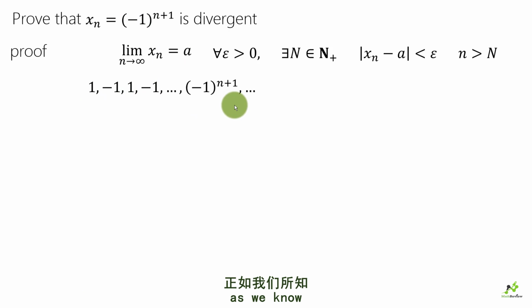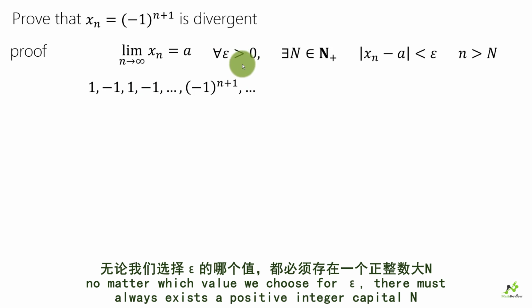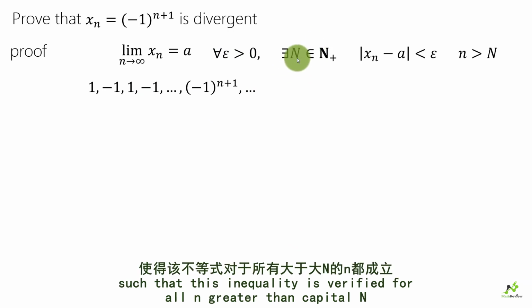As we know, we can choose any small value for epsilon. No matter which value we choose for epsilon, there must always exist a positive integer N, such that this inequality is verified for all n greater than N.